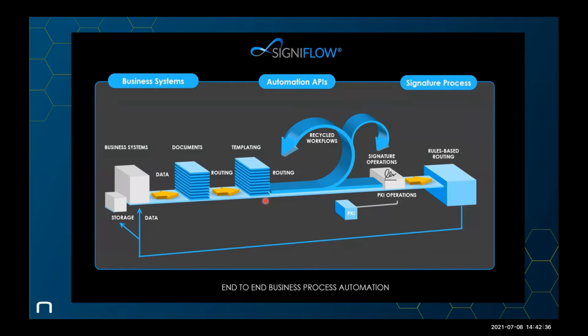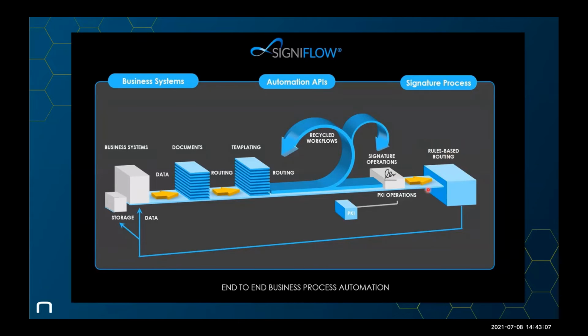So we can then apply templates to some of the documents that come out of these business systems. And we can even have different types of signing workflows that can be reused and recycled all the time for the routing of these documents. And then it can conduct the signature operations using its PKI, public key infrastructure operations. And as I mentioned, the rule-based routing.